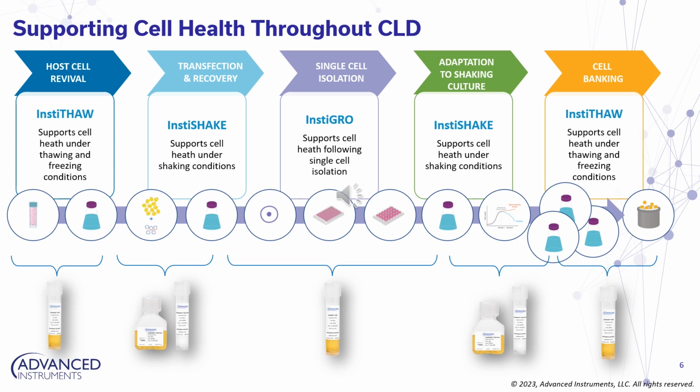InstiShake-CHO can be used to enhance transfection and selection recovery where recovery is low. Additionally, InstiShake-CHO can be used to support clones as they transition from static to shaking culture. For example, when clones are being transferred from a 96 well under static conditions to a 96 deep well plate under shaking conditions, or even larger vessels such as spin tubes.